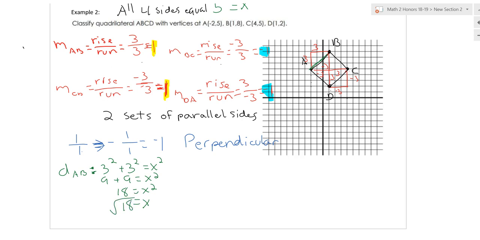Okay. So then I want to do BC. Well, that was -3 and +3. Again, this is the same calculation. So x equals the square root of 18. I can continue with CD, which is -3 squared.